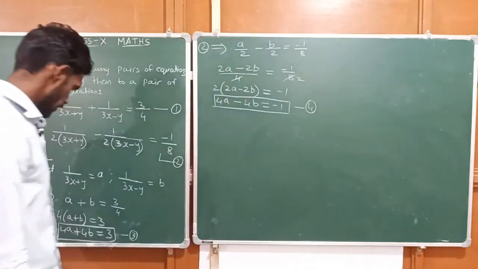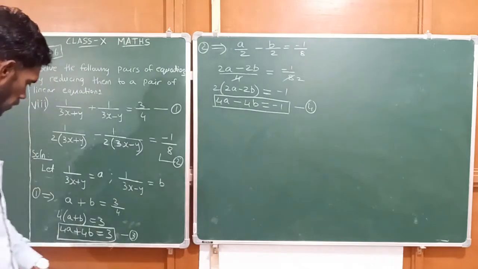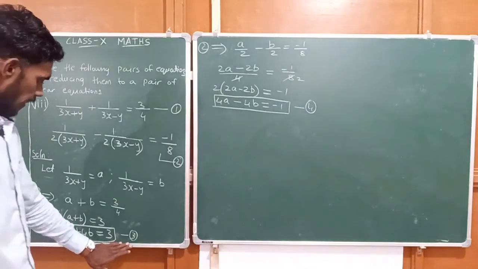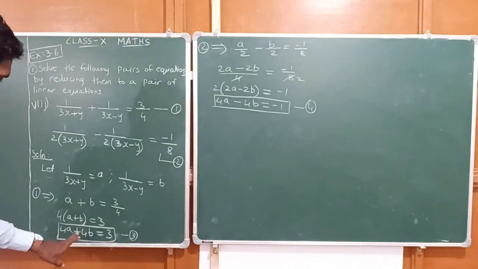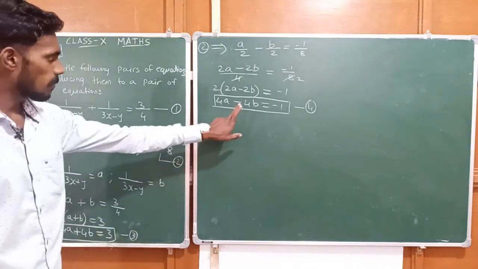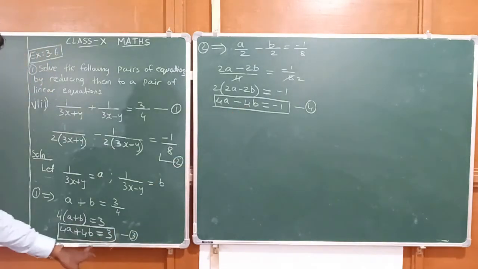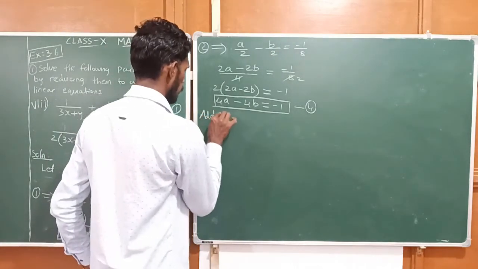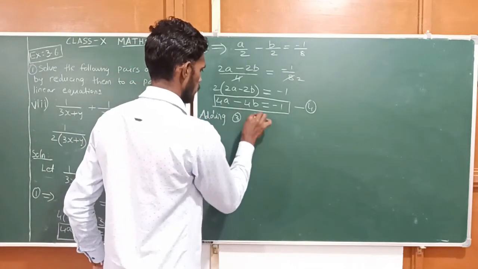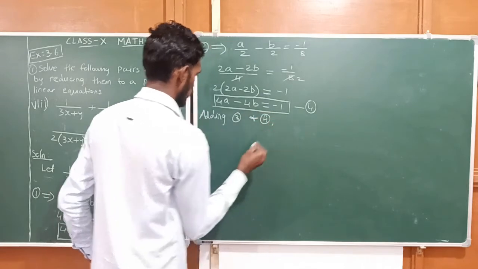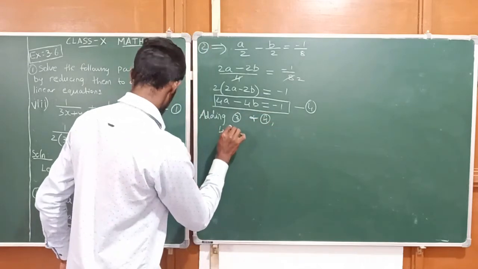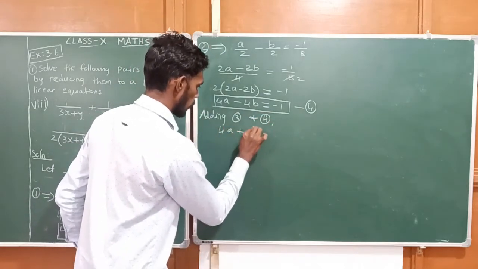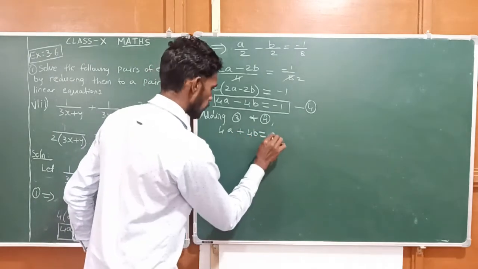Now look at the equation number 3 and 4. We are going to add the equations 3 and 4. If we add, it is plus 4b, it is minus 4b. So b will be cancelled. For that I am going to add the equation number 3 and 4. We will be getting 4a plus 4b is equal to 3.